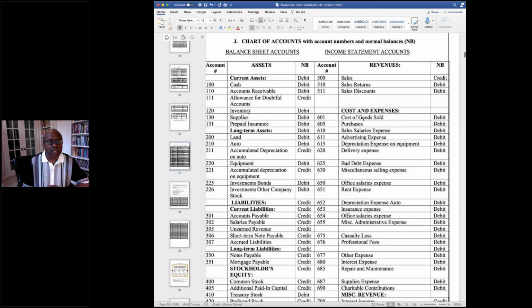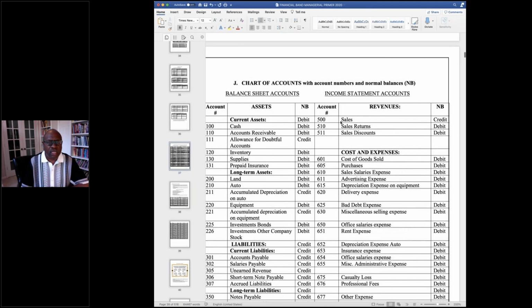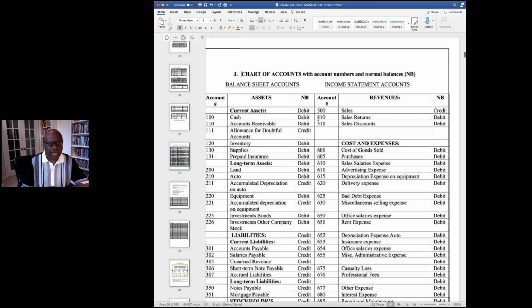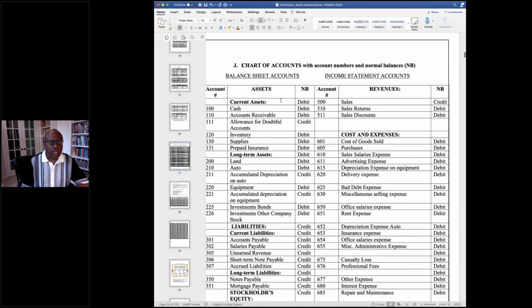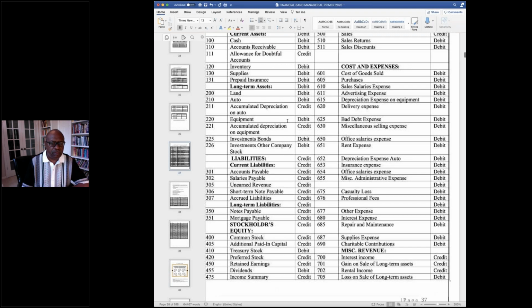Okay, I found the chart of accounts. On our chart of accounts, the balance sheet accounts, all the accounts over here through 4/5 retained earnings are permanent accounts. So every account through 4/5 are permanent.